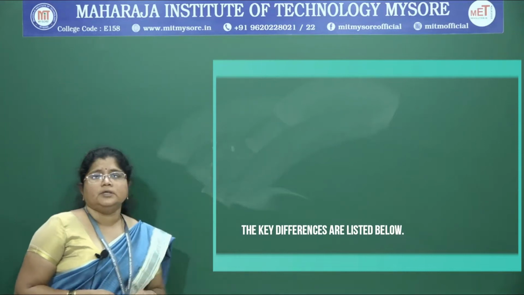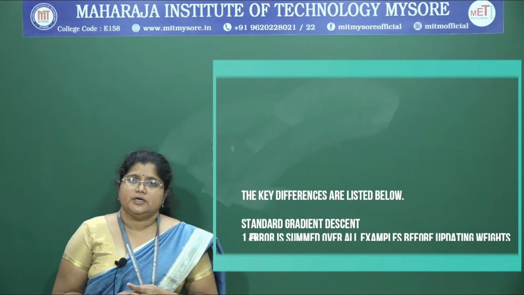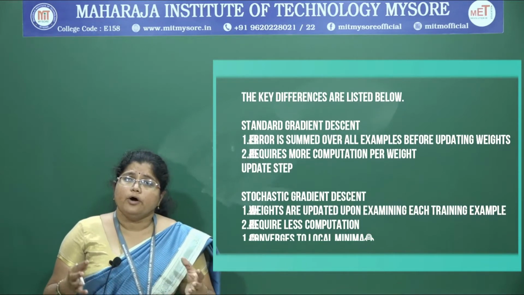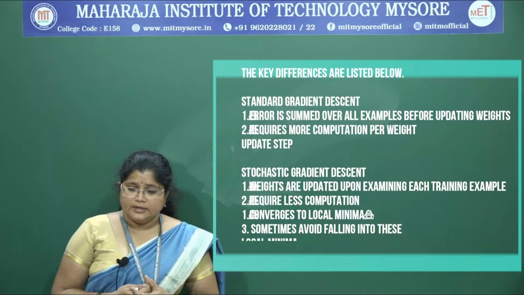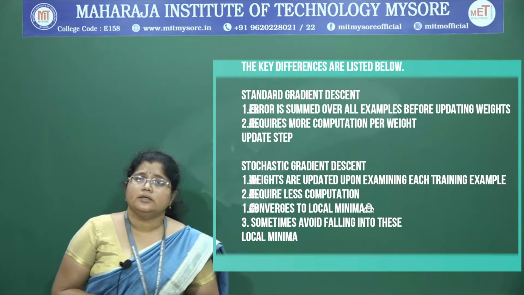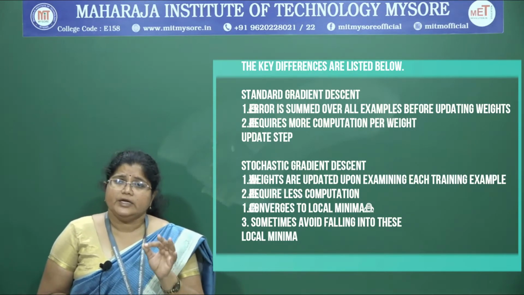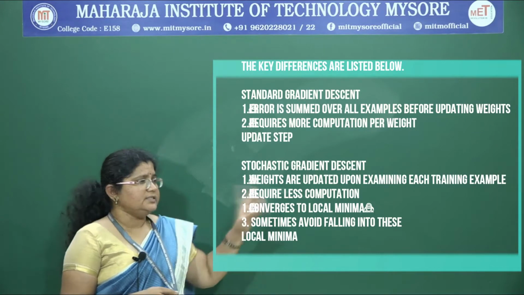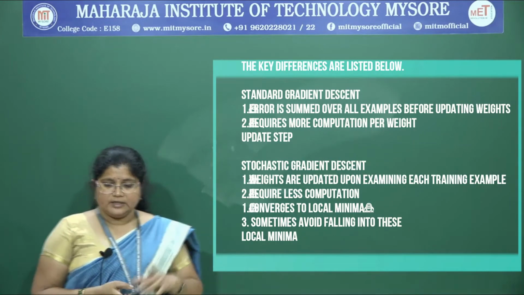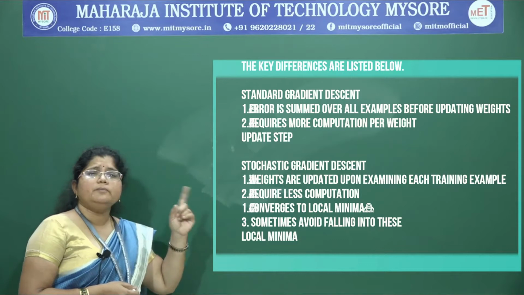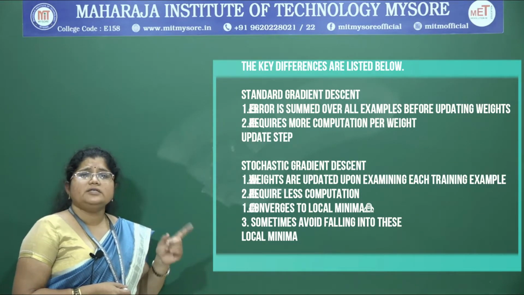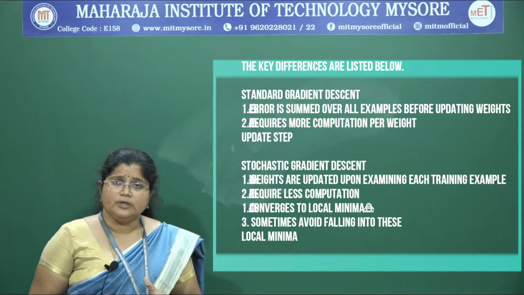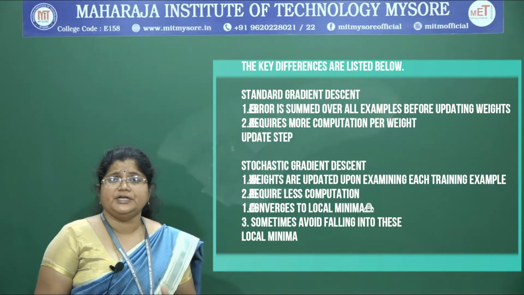The first main difference is that the gradient descent algorithm sums over all training examples to find the error, whereas the stochastic gradient descent algorithm, at every step, finds the error in each training example, small d, in the data set capital D. Summing over all the training examples requires more computational power and more computation time to sum up the errors over all training examples.